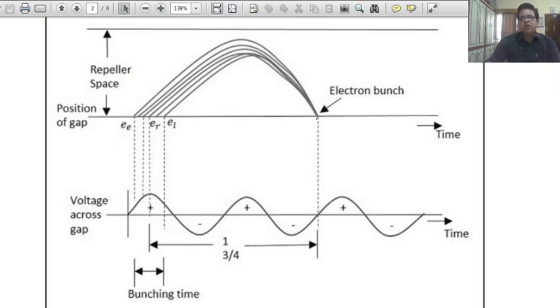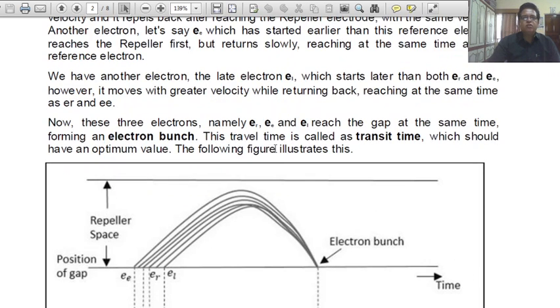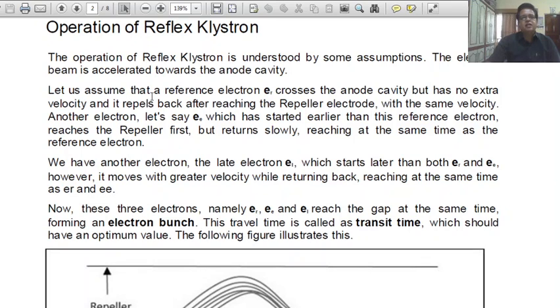And this point is known as the electron bunch, where bunching occurs. How does this bunching occur? Let us assume that a reference electron ER crosses the anode cavity but has no extra velocity, and it repels back after reaching the repeller with the same velocity, because the reference electron has no extra voltage.